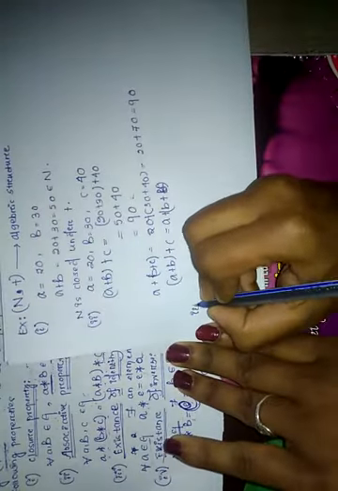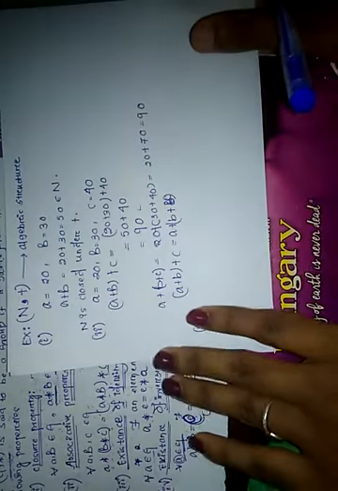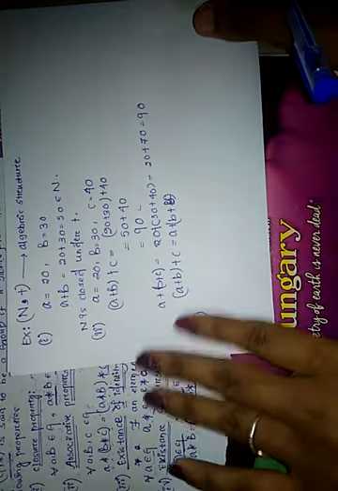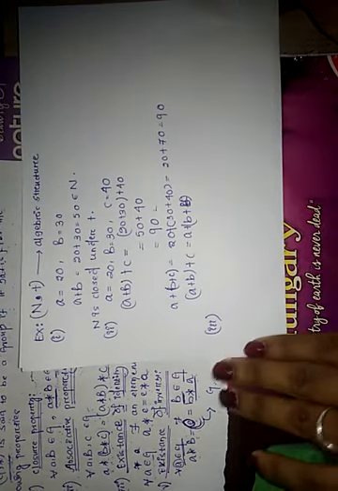Now the third one is the existence of identity. That means we need to find an element in this N which, when added to every element of N, gives the same element.